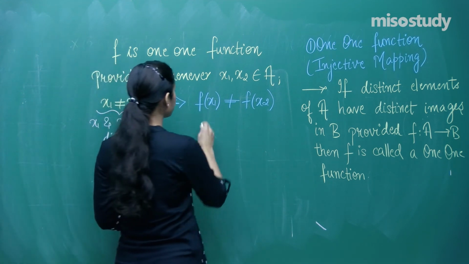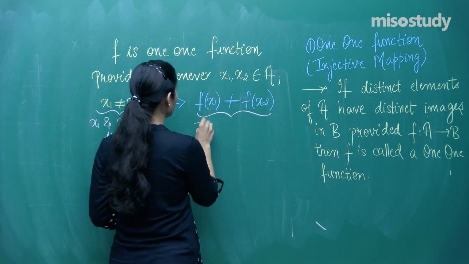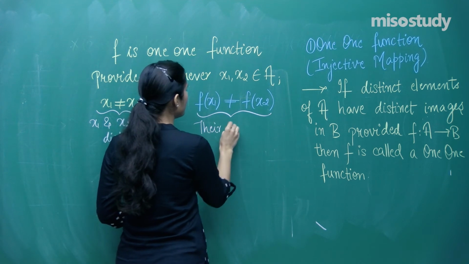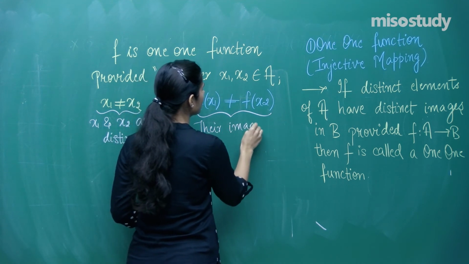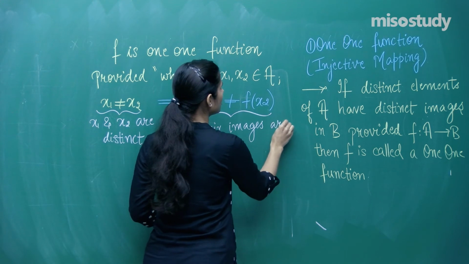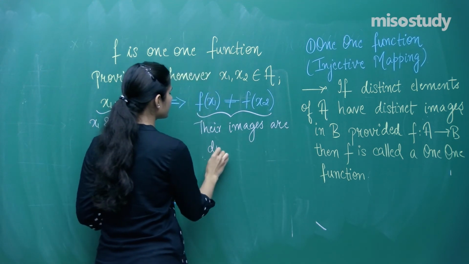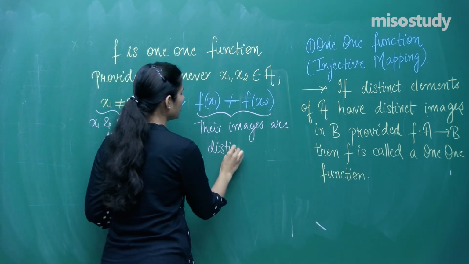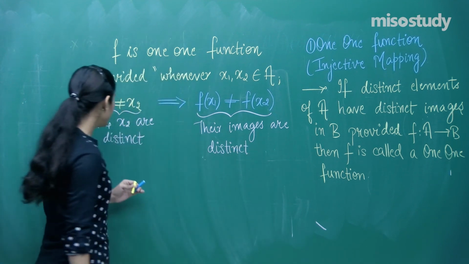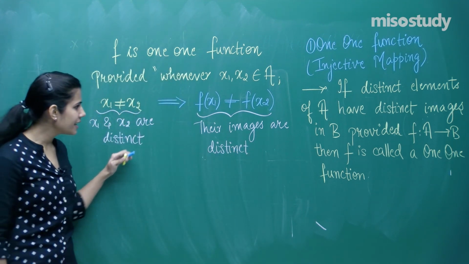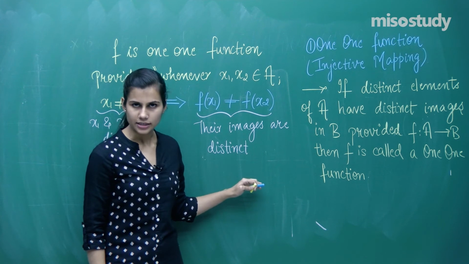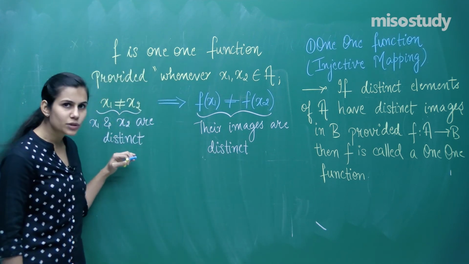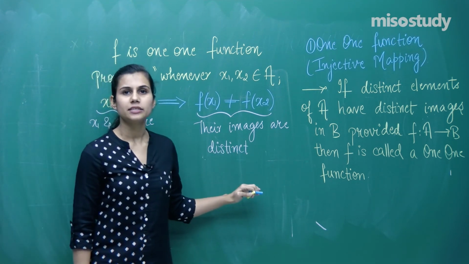That is, their images are distinct. If x1 and x2 are distinct, their images should also be distinct. For any x1, x2 distinct, their images should be distinct.